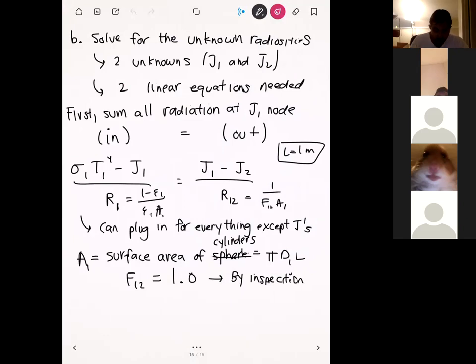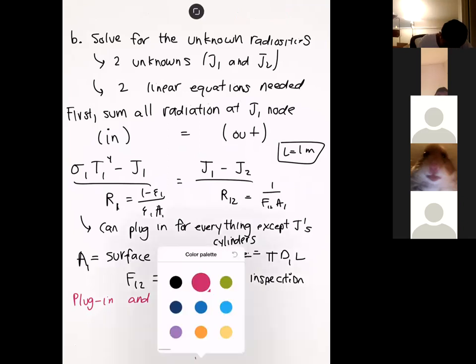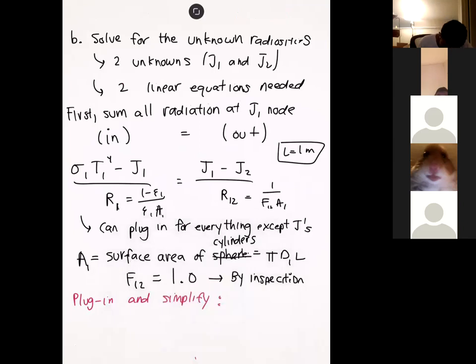And so you plug all this in and simplify. What you get from this is the following equation: 9,234.17 is equal to 1.57 J1 minus 0.314 J2.